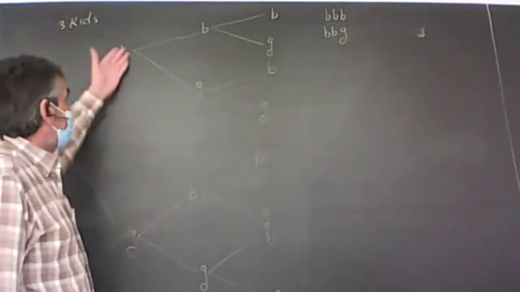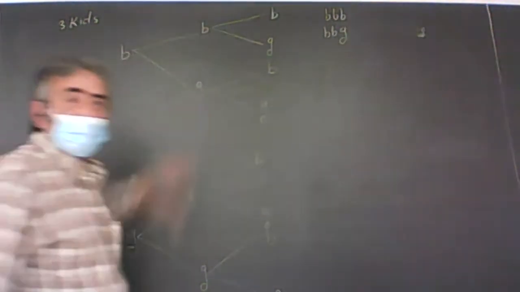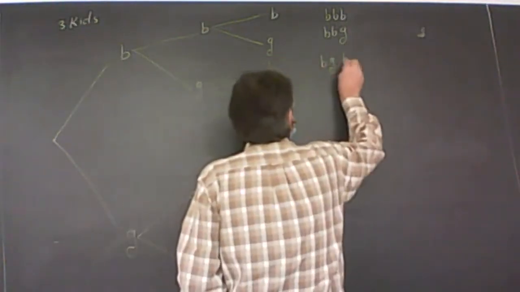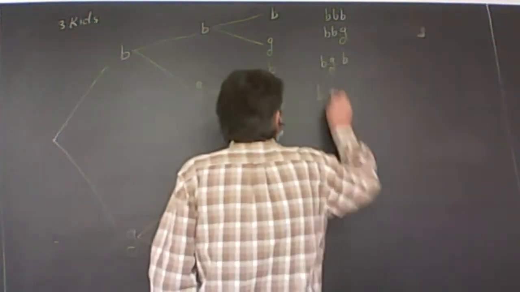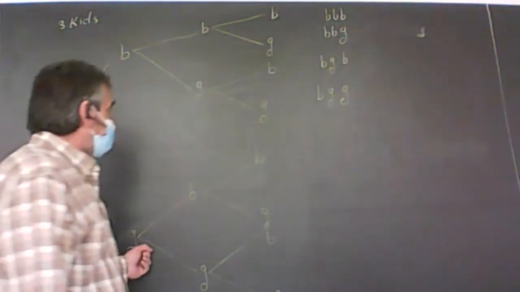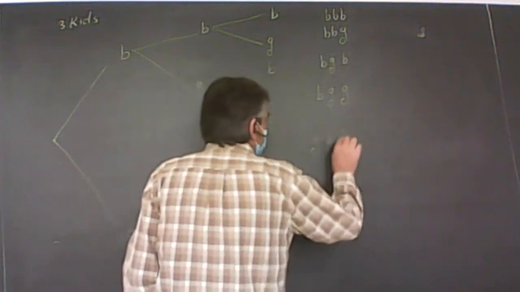So on number three, we can have boy, girl, boy. Then boy, girl, girl. In this scenario, we could have first is a girl, then two boys.